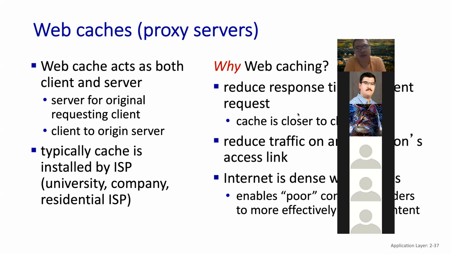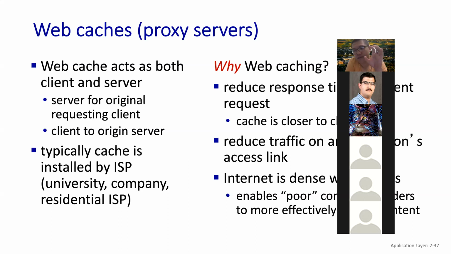So for web caches, that's the concept I just talked about. The web cache acts as both client and server. If the HTTP message or data is already located in the proxy server, then the proxy server acts as a server. If the client requests the HTTP message, the proxy server just acts on the server side and gives the response to you.